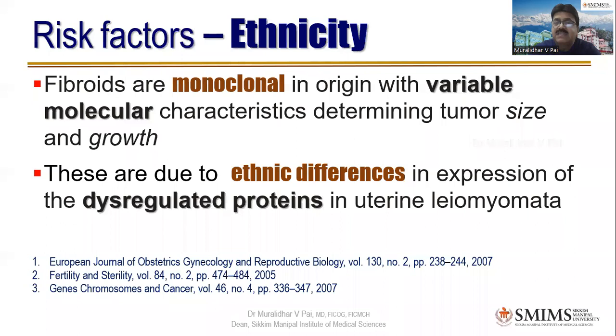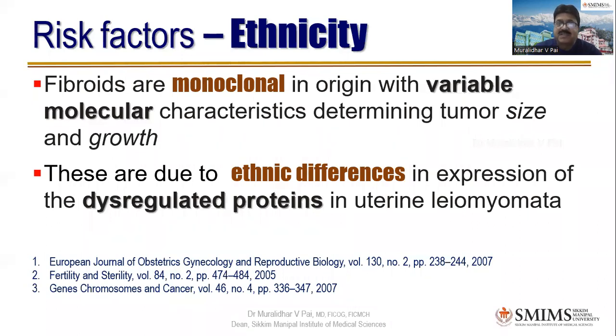So there has to be a dysregulation of the proteins. That's why every lady has got myometrium, isn't it? But every lady will not have myoma. There is some dysregulation of the proteins, which leads to formation of myoma. So that is based on the ethnic differences, maybe.